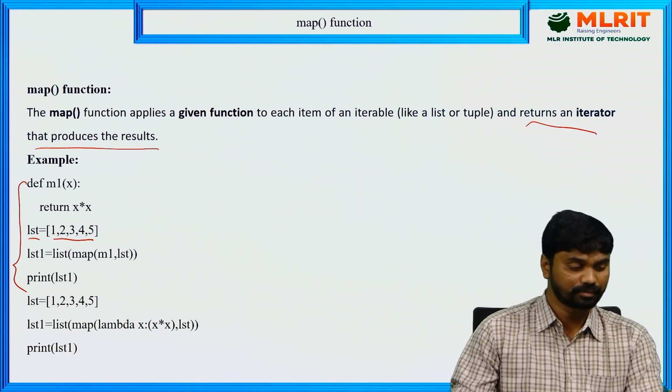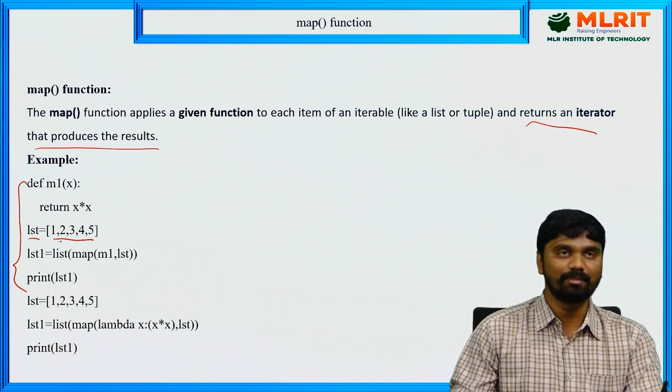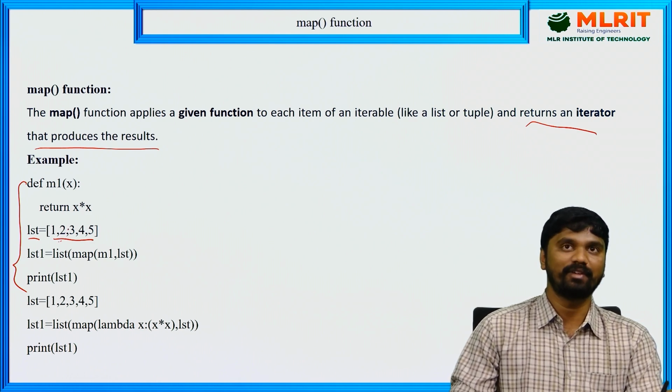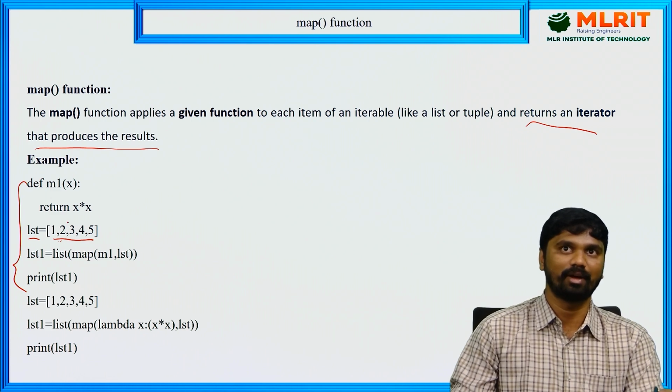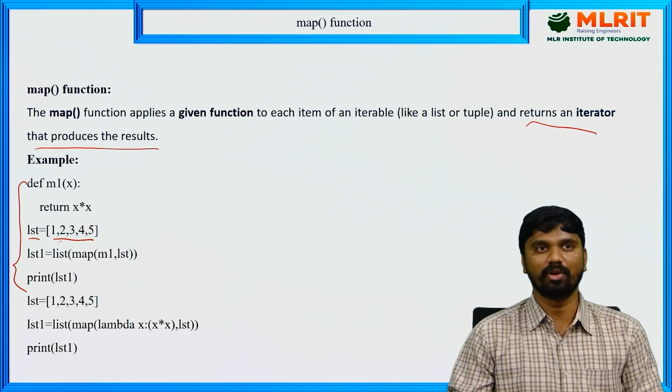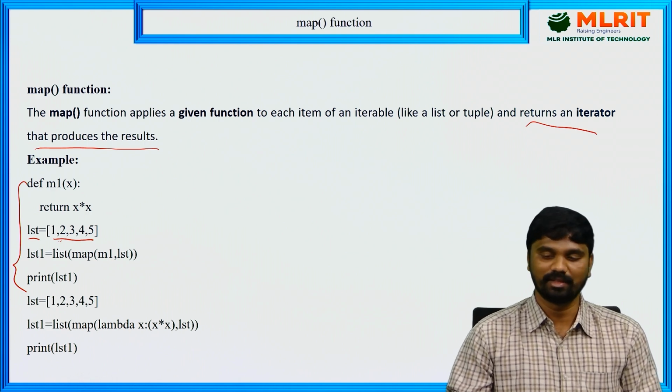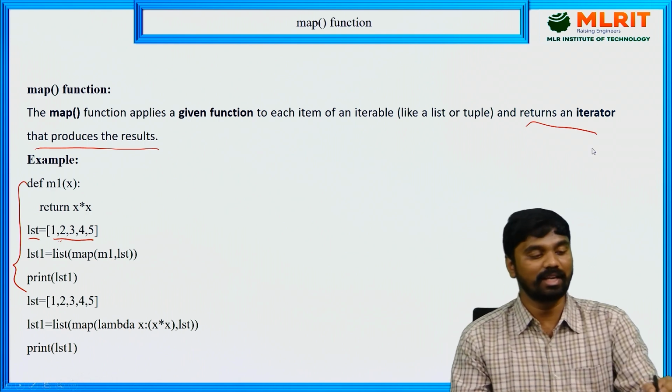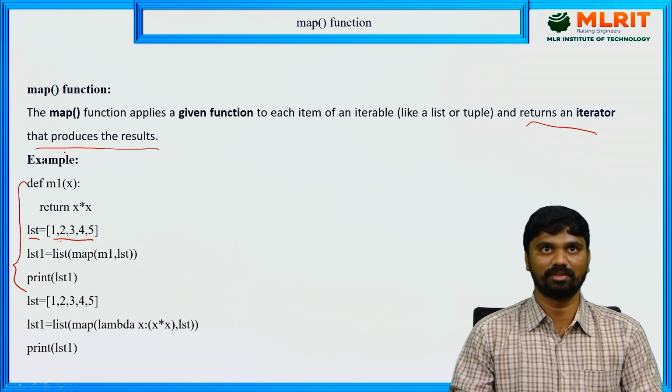Now whatever elements are present in this list, these elements have to be squared. That means the map function is going to manipulate the elements, and returns an iterator that produces the results.